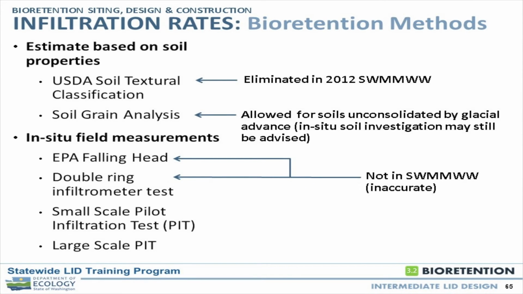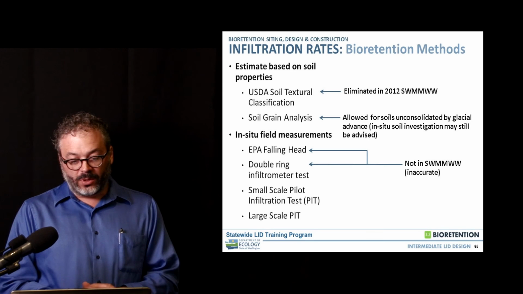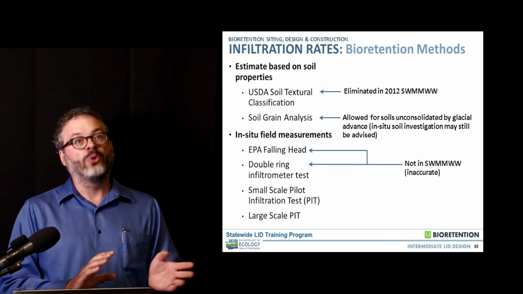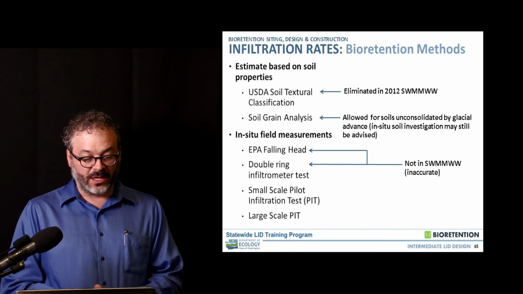I guess fortunately that is in our rearview mirror as a region as an acceptable way to develop a design infiltration rate. We also have used in the past grain size analysis. So looking at running a set of sieves or particular sieves and looking at the relationships of the particle sizes and developing a rate from that. That remains in the manual, however, only in certain cases, and we'll talk about that in a second.